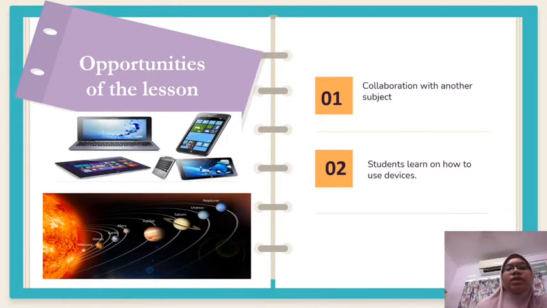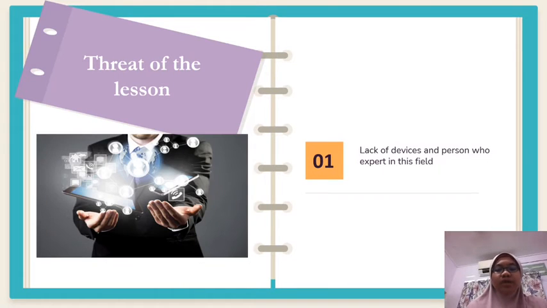They have to learn how to use the devices and how to access the links given by the teachers, and this will help them develop to be technology experts one day. And the last part for me is the threats of the lesson.